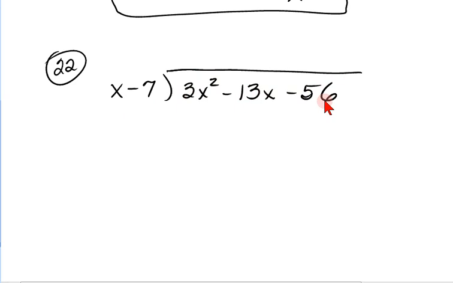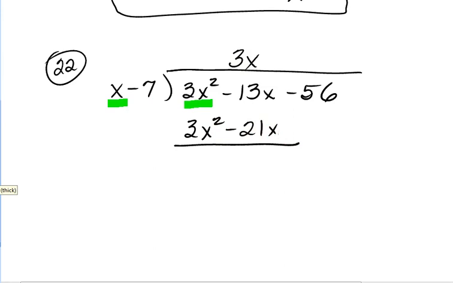All right, so I take a look at the first term. What would you have to multiply x by to turn it into 3x squared? 3x. I need a 3 and I'd need an x to increase its exponent. So now do it. 3x times x is 3x squared. 3x times negative 7 is negative 21x.